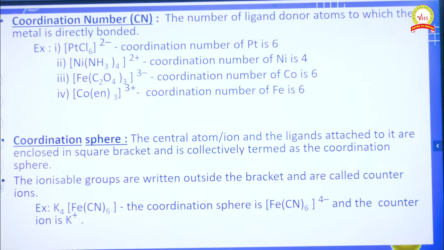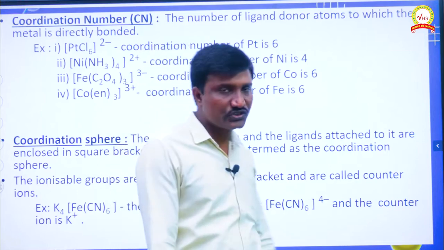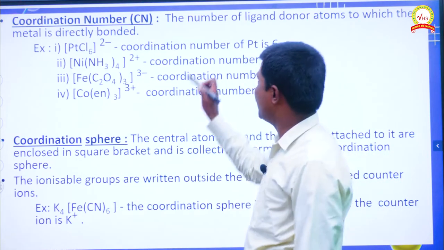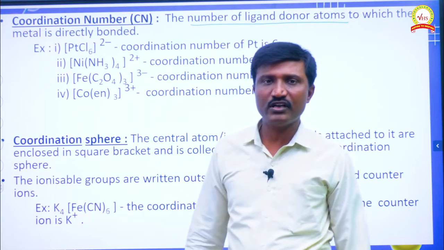Now let us go to another one. Coordination number we already discussed. Coordination number is the number of ligand donor atoms which are directly bonded to the metal.